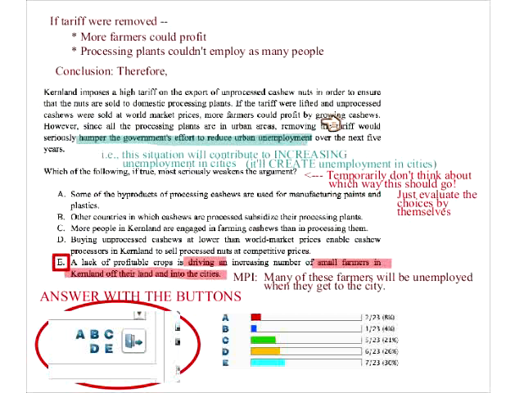But what this says is that even if we don't, because farmers are not profiting, they're still creating unemployment. So the idea is that it's unemployment either way. The other way you could think about it is this. If this is true, then removing the tariff means more farmers could make a profit, which would mean fewer of them will drift into the cities, according to choice E.